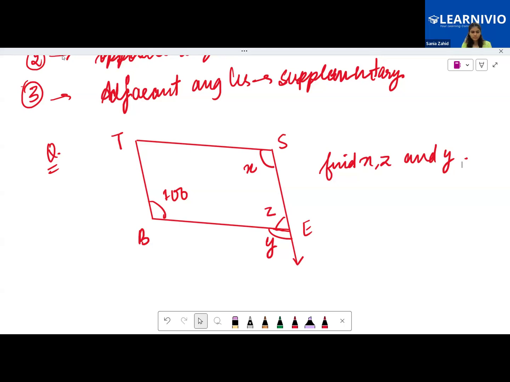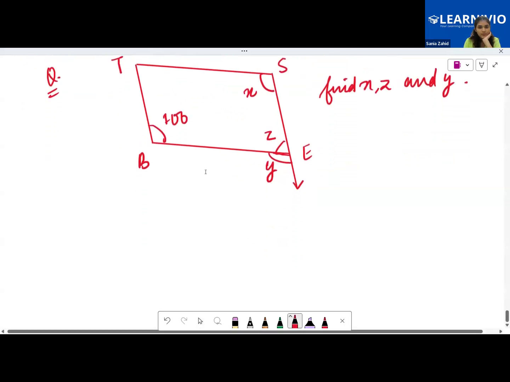Ma'am, I don't understand how to get it. What is the property? Ma'am, your mic is muted. Yeah, what are you saying? I had a little doubt in how to find Z, ma'am. Which property should I use?